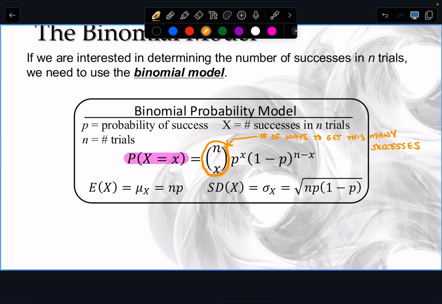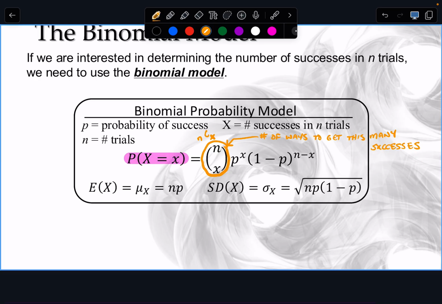The other thing you want to make a note of here, this is the notation. The other good thing about these formulas, you do not have to have them memorized. They'll be given to you. You just need to know how and when to use them. But when I'm looking at this formula, this is how it's going to be presented to you. In the calculator, though, because we're going to talk about how to do these things in the calculator, the notation is going to look like this.